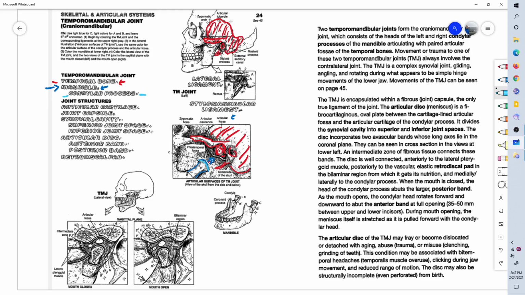And of course, the articular slippery cartilage on top of the condylar process and on the surface of the articular fossa.